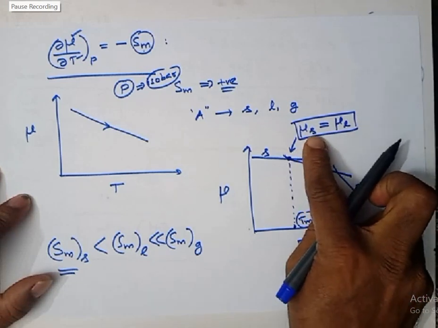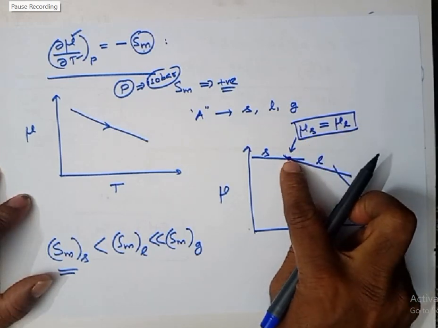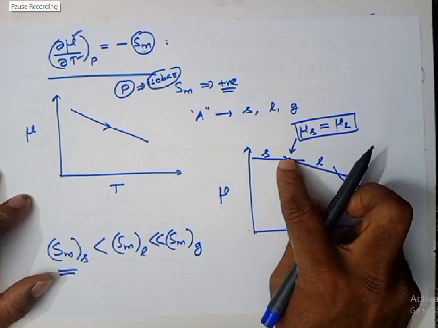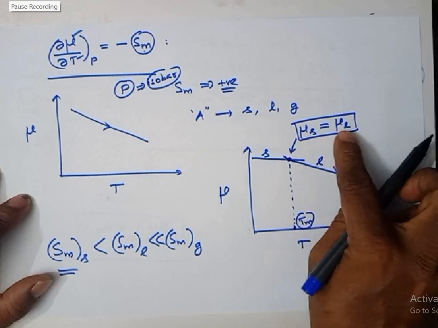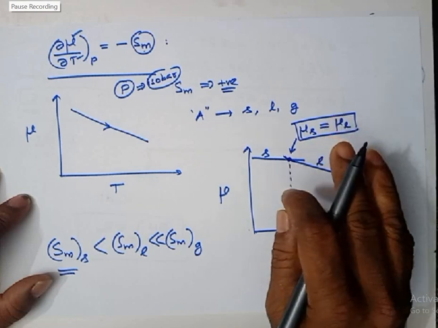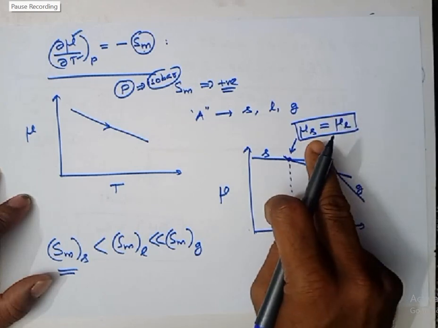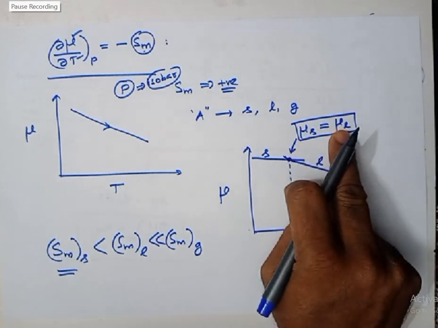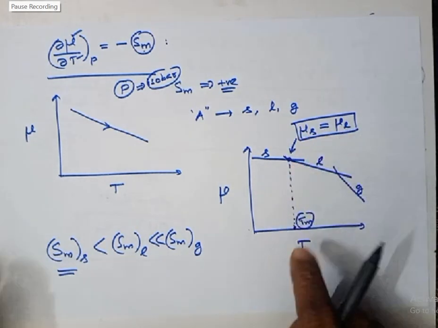For the same substance, the chemical potential in the solid phase and in the liquid phase become equal, and that temperature is called the melting point.